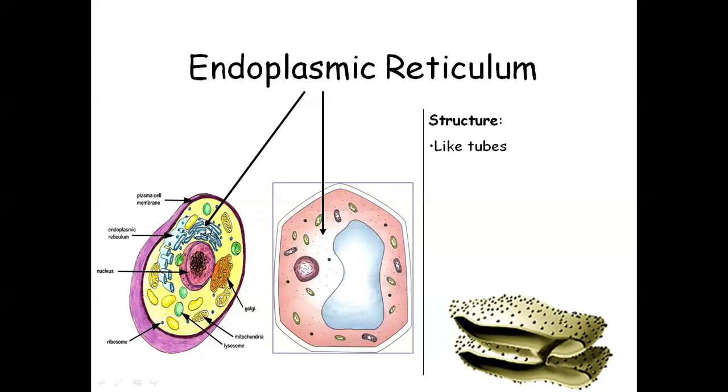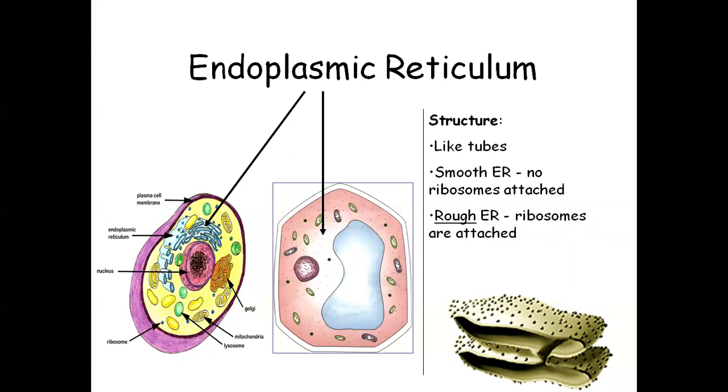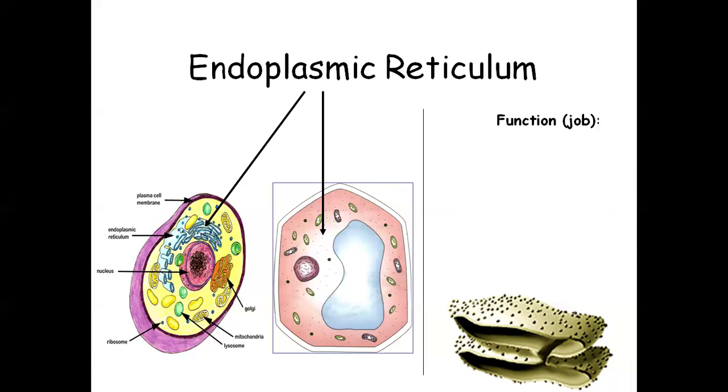So it is like a network, which is going to provide a structure to the cell, so it is called the endoplasmic reticulum. They have tube-like structures: smooth endoplasmic reticulum, as I said, no ribosomes attached, and rough endoplasmic reticulum, ribosomes attached.